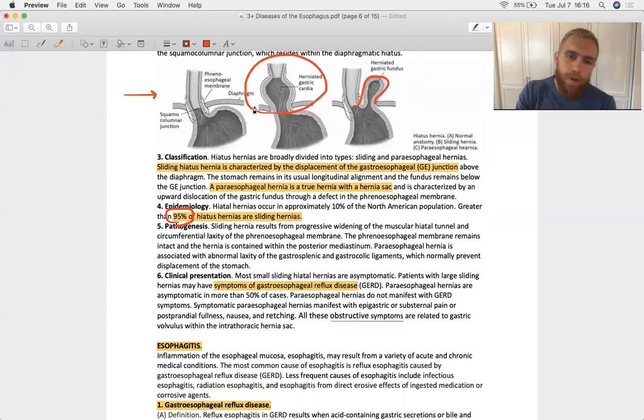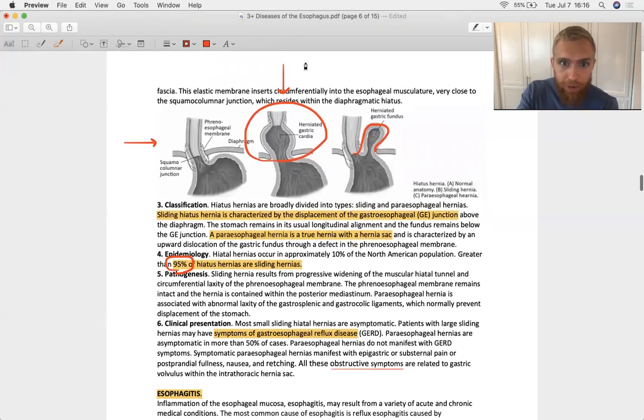And it should make a lot of sense to you. We shouldn't have to connect any dots that this sliding hernia can give you GERD, gastroesophageal reflux disease, because, well, normally the diaphragm is constricting and that lower esophageal sphincter is constricting around the stomach and holding all your stomach acids down in your abdomen.